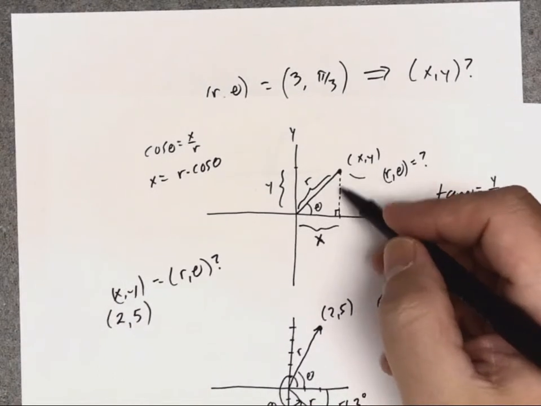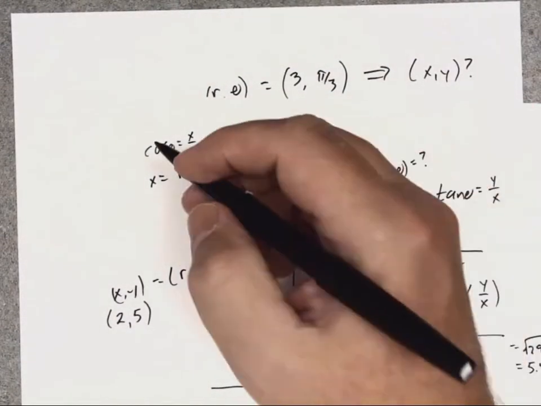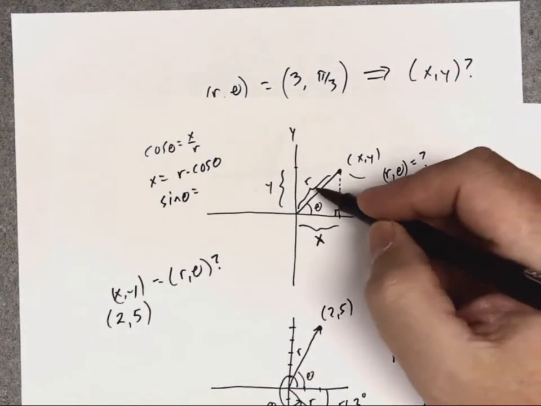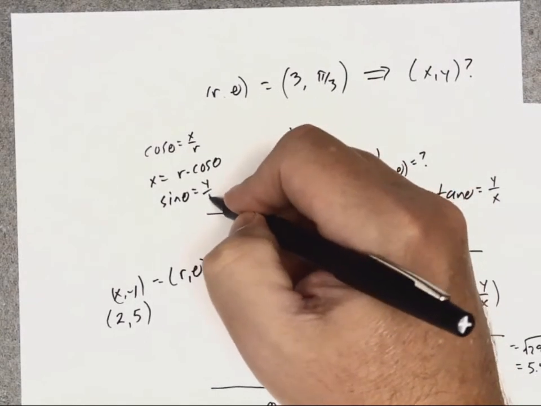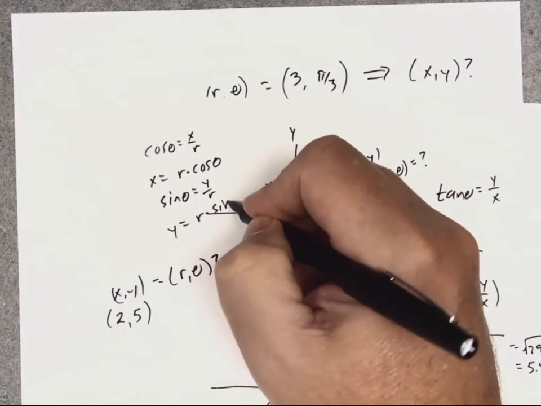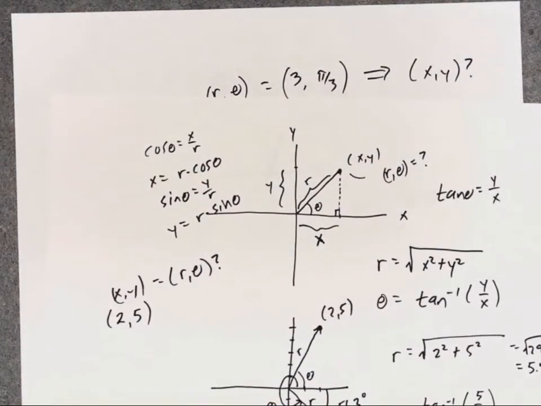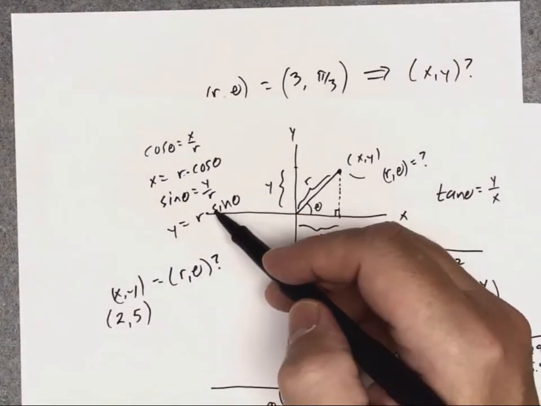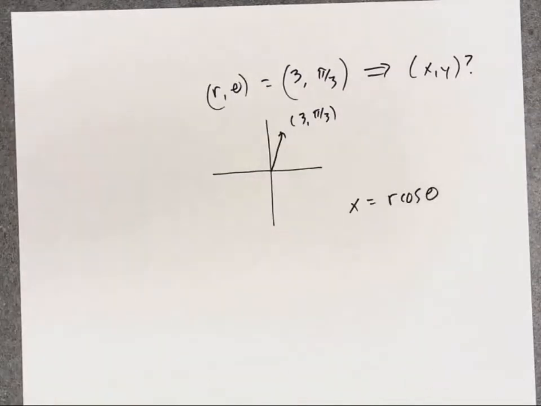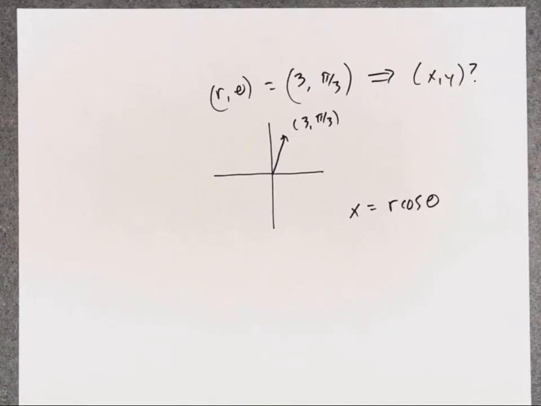And if I want to get this other side of the triangle, I know the sine of theta, so opposite over hypotenuse, is y over r. If I solve for y, r times sine theta. It's just like vectors, the same exact thing as when we went between i and j and magnitude and theta of vectors.